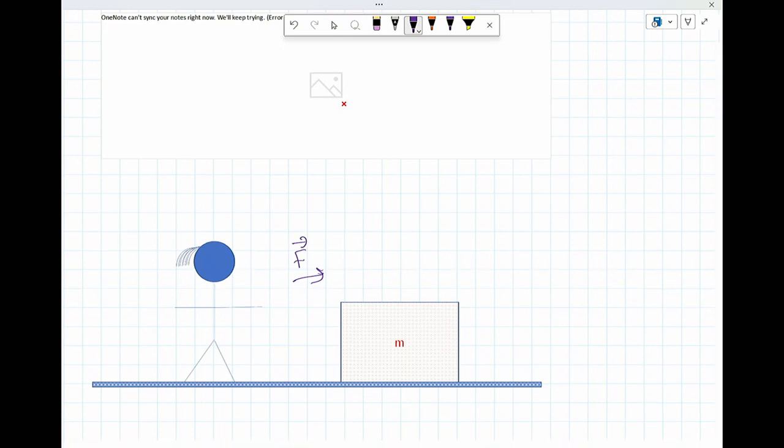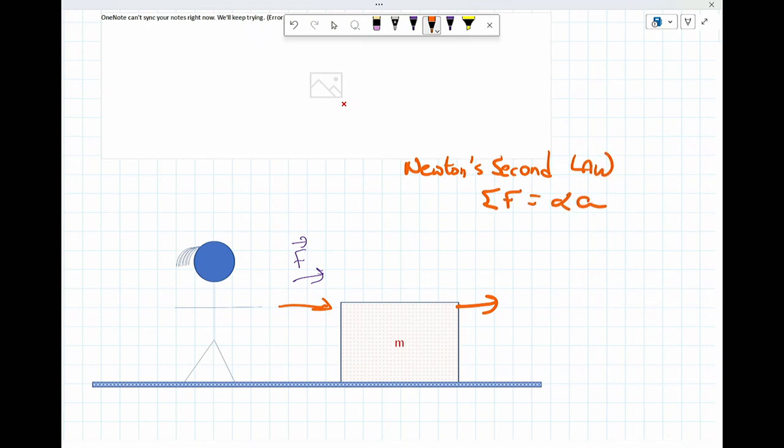Well, what happens if a person pushes against an object that's not with a balanced force? So in this case, the person, the stick figure, is pushing with a force F against that block. And the result of that is Newton's second law, which is the sum of forces is equal to some proportionality times A. Now, I'm not going to spend a lot of time saying what this magical proportionality is.